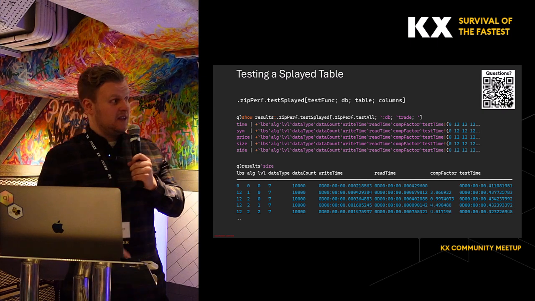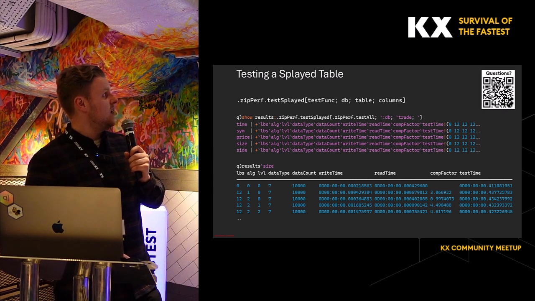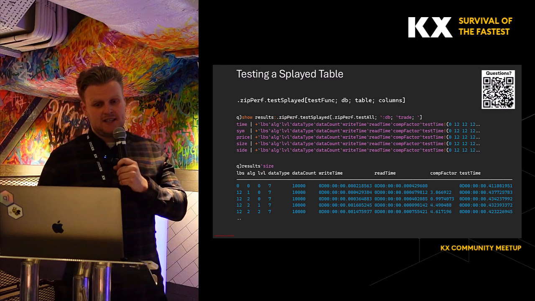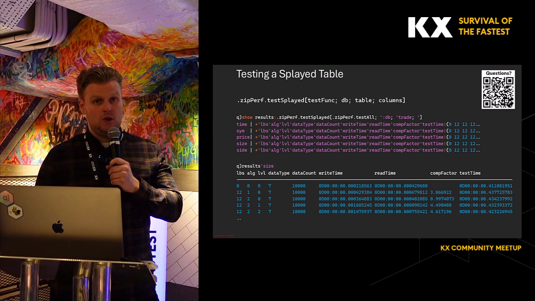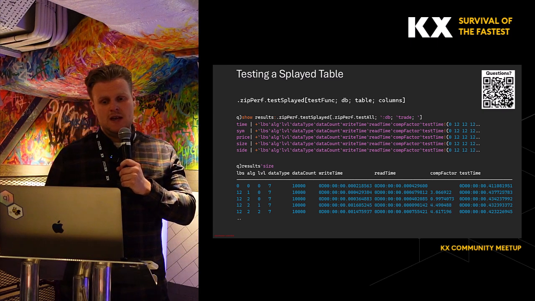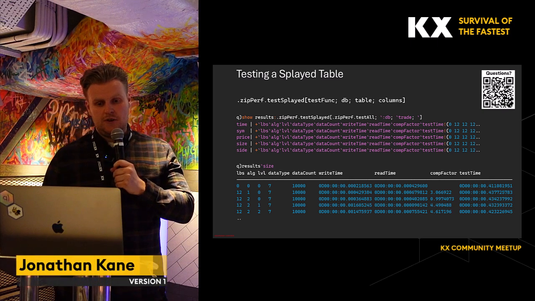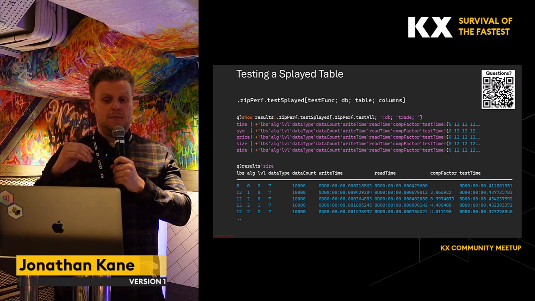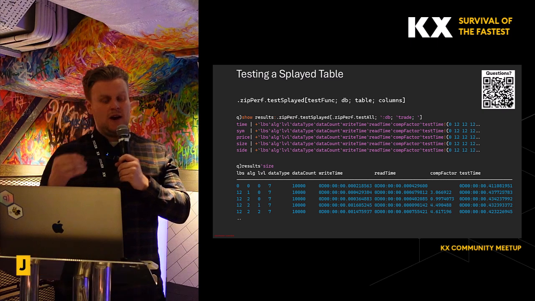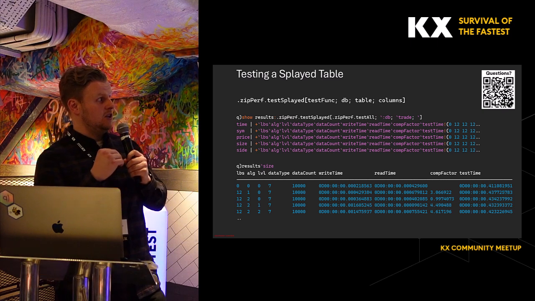And then specifically for doing a splay table test, here I've got a test splay function. It takes as the first argument one of those functions, so here I've given it test all. The second argument is the path to the root of your database. The third argument is the path of the table under the root, so here I just have trade because I'm doing a splay table.